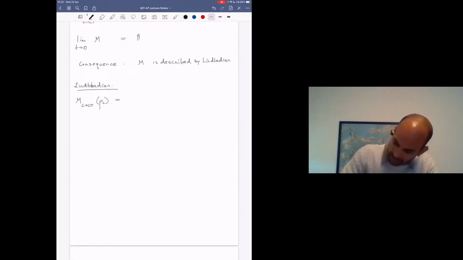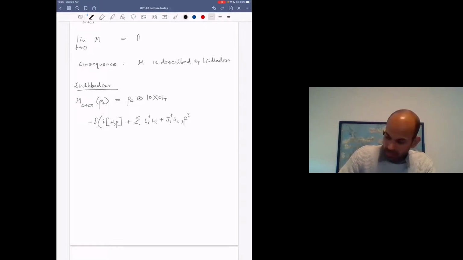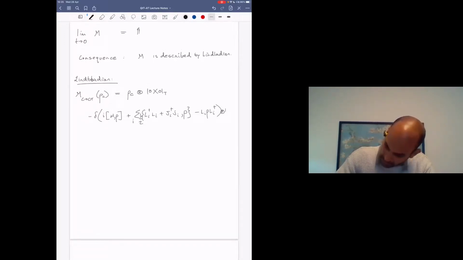M from C to CT on rho C becomes equal to this: rho C tensor 0,0 on T, minus delta times i [H, rho], plus the sum over i of L_i plus J_i dagger J_i, with a half here, minus L_i rho L_i dagger, and this is the sum over i, tensored with 0,0 on T, and finally plus delta times the sum over j, on the register.